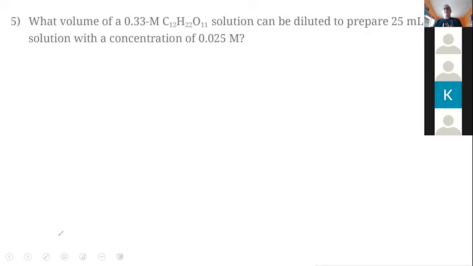Now, next question. This is if you have a concentrated solution and then you need to dilute it to a lower concentration. So here we have a solution, and that's sucrose, by the way, C12H22O11.